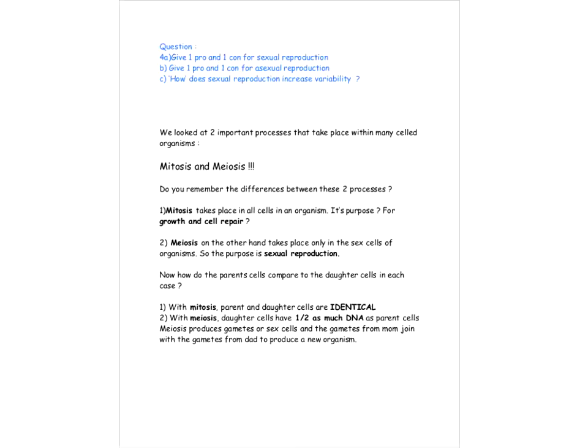Now, how does sexual reproduction increase variability? It's asking how that happens, why you get more variability with sexual reproduction. Two different genes, because their offspring are all different.